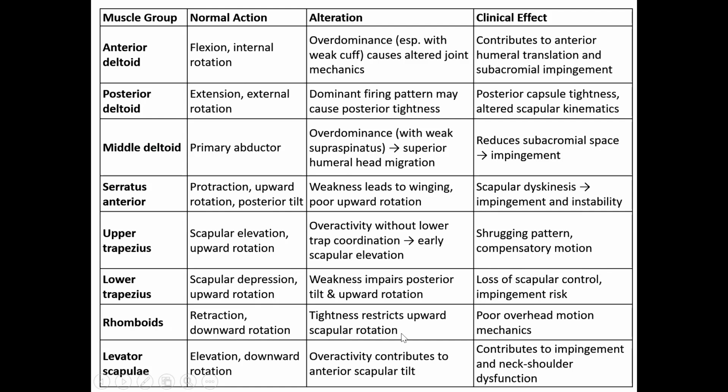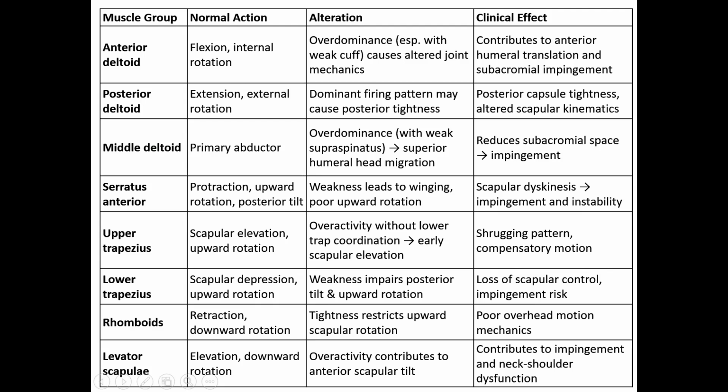So इन तमाम जितनी भी ये मसल ग्रुप है उनका जो when there is alteration in the force couple, so obviously they all will lead directly into the impingement syndrome, or they may lead to some clinical effect which will cause the different mechanism for the subacromial impingement.